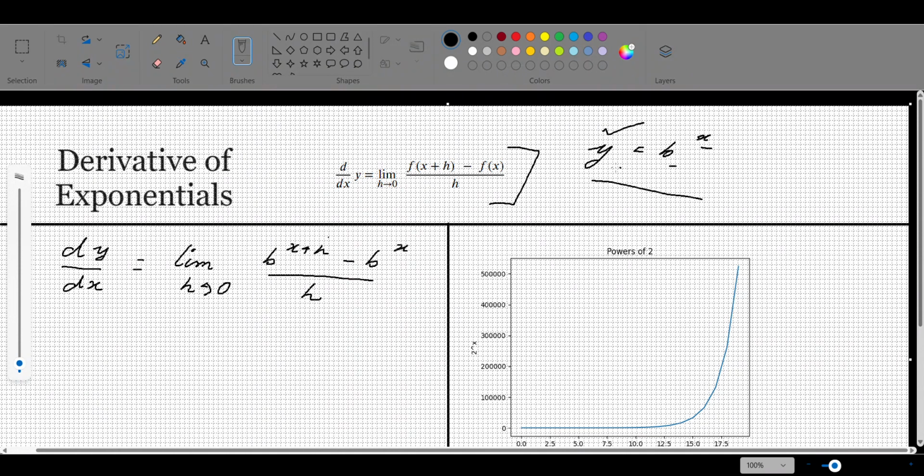Now if you notice over here, b raised to x plus h can be converted to b raised to x times b raised to h, which is a property we talked about in the first video. So let's rewrite it in that form.